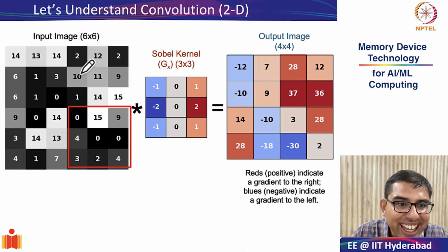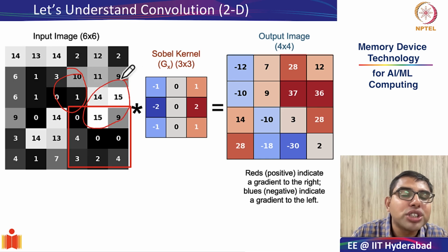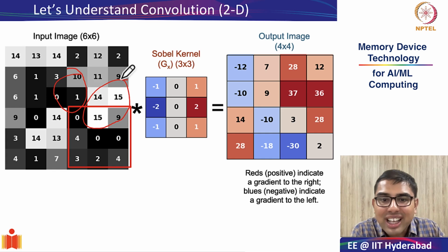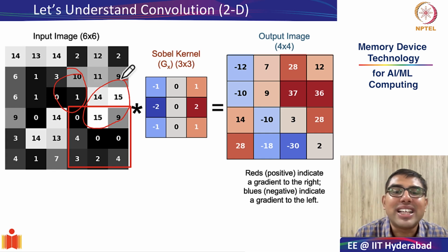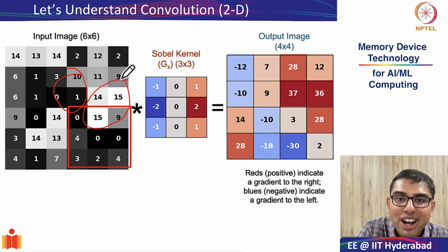Of course. As you see, here there are some very low numbers, 0, 1, 10. And when you go here, you see very high numbers of 14, 15. So there is a gradual increase in the pixel values. And that is what the output image seems to be suggesting.